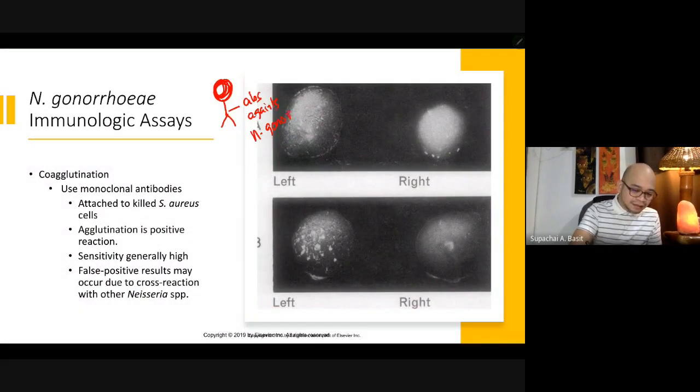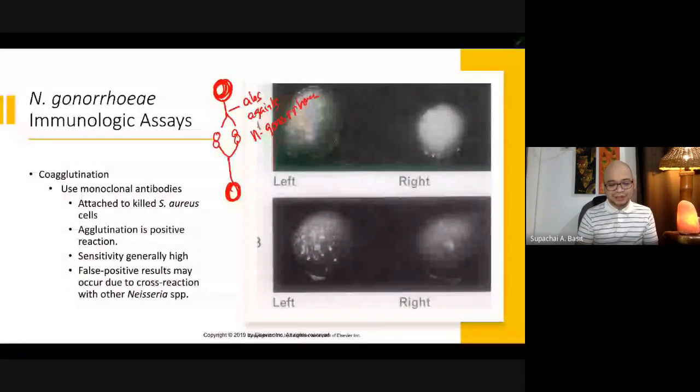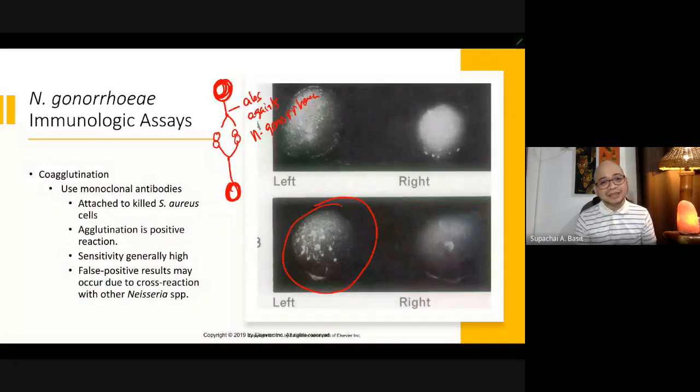Neisseria gonorrhoeae. So if a person is positive with gonococci, that person would have coagglutination of the Staph aureus, as you can see here. It is sensitive, but false positives may occur due to cross-reaction with other species of Neisseria.